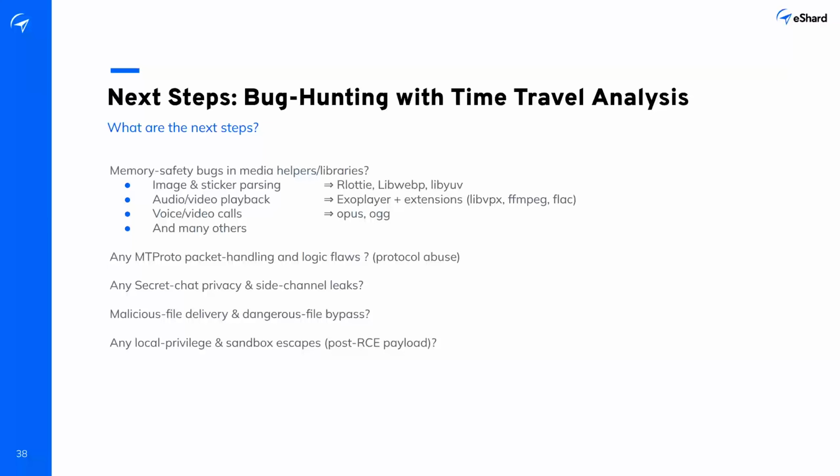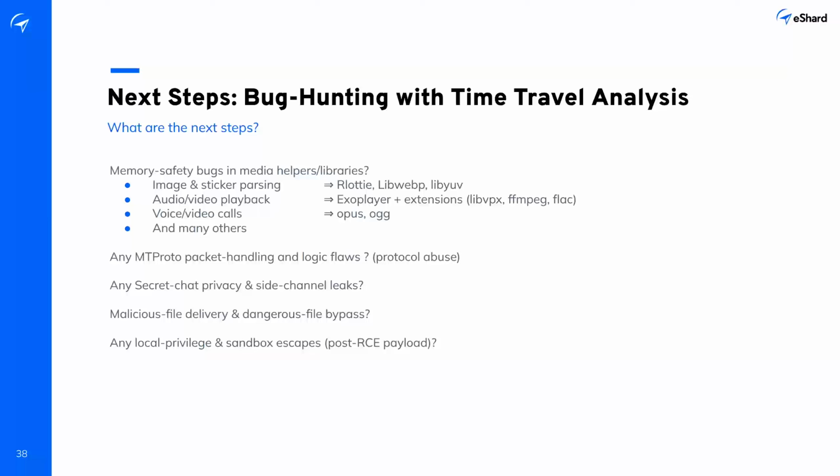So beyond media helpers, the MTProto packet format itself presents another rich target, because structure-aware fuzzers have long been used against MTProto to uncover subtle flaws or unexpected behaviors that attackers could abuse. We should also consider the privacy of secret chats.